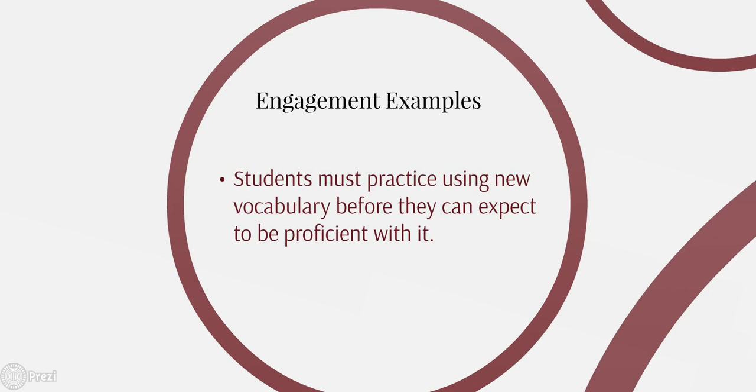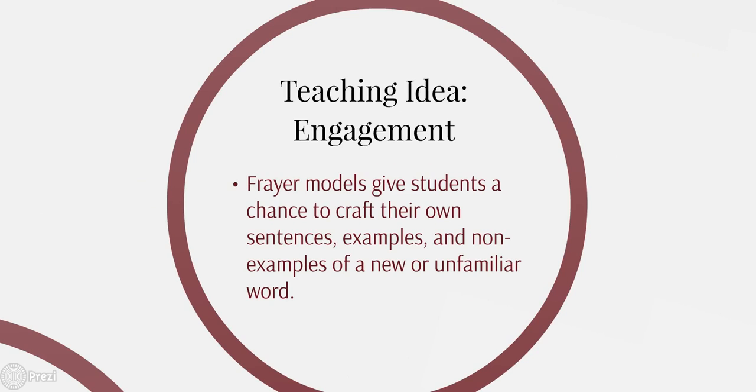We can't just give them a list of vocabulary words, show them to the students over and over again, say them ourselves, and then not expect them to use them, for them to say them, for them to write them. They must engage themselves with the material.